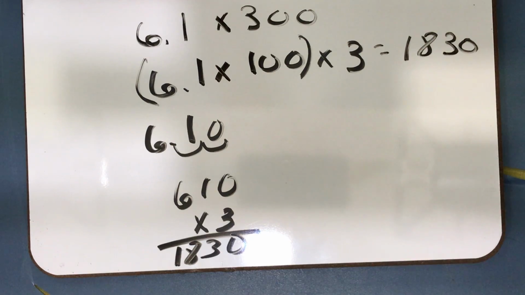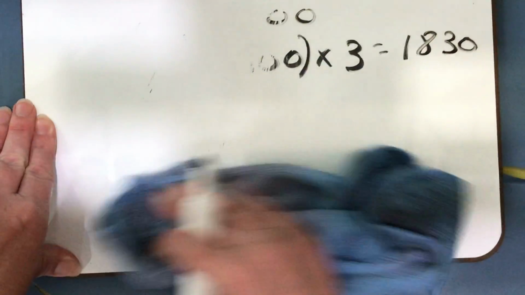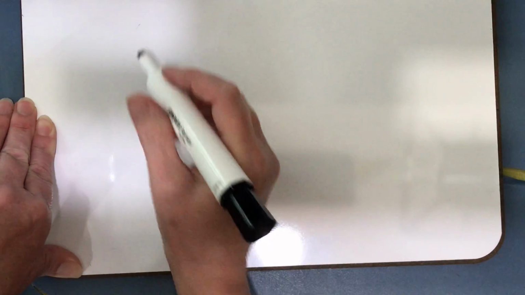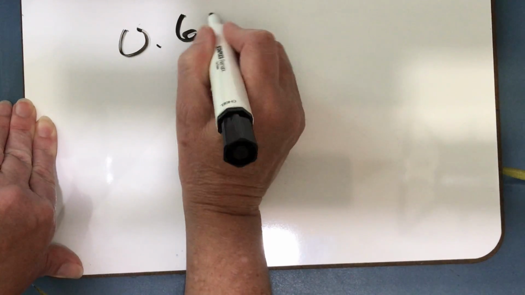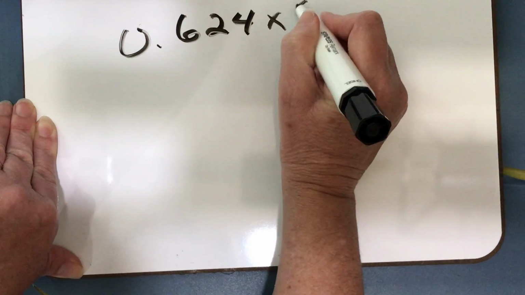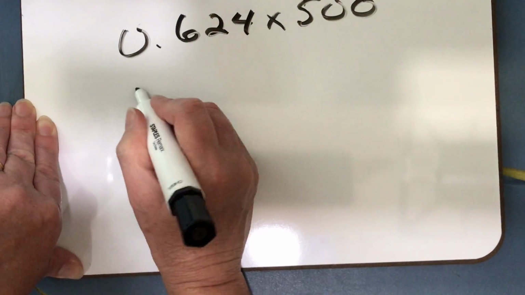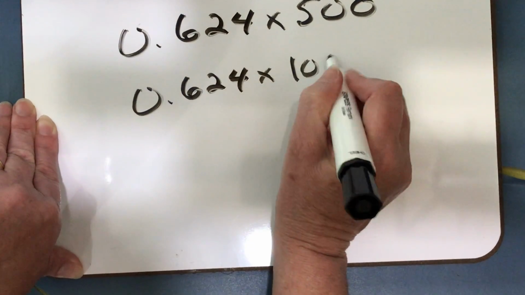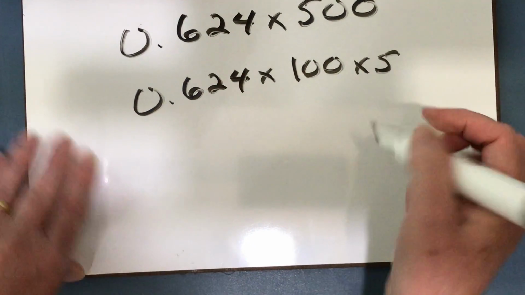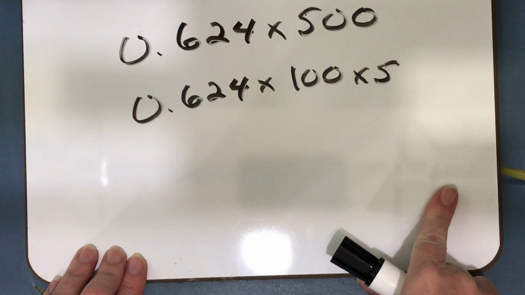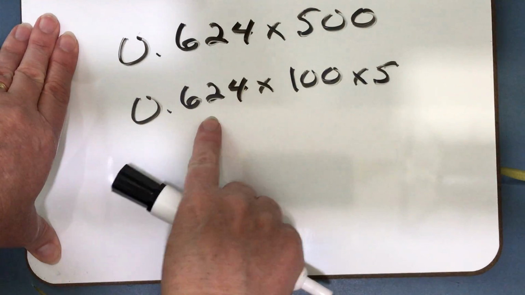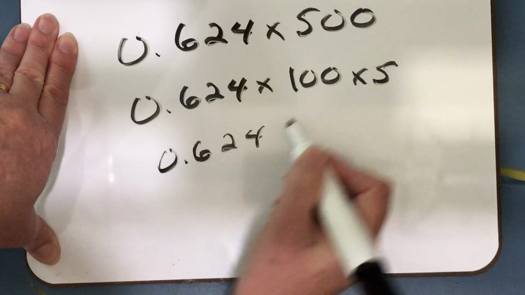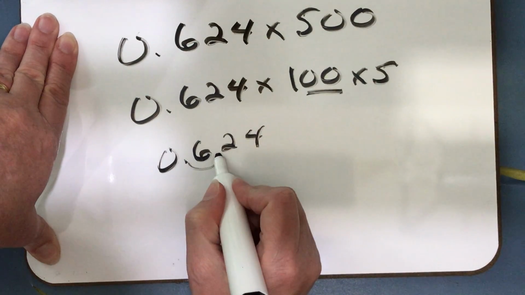Okay. And then let's do one more of those. Let's go to number 6. Number 6 says 624 thousandths times 500. So we're going to change that to 624 thousandths times 100 times 5. We're renaming 500 as 100 times 5. So I'll multiply 624 thousandths times 100, which means I need to move my decimal point 2 places to the right. 1, 2.